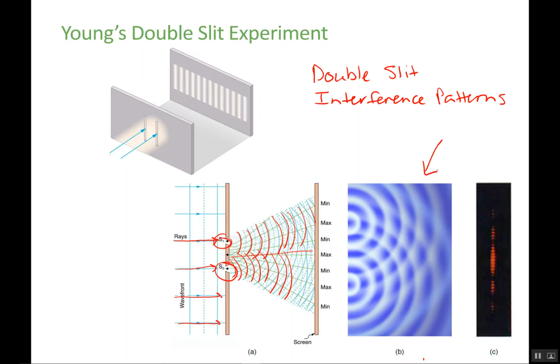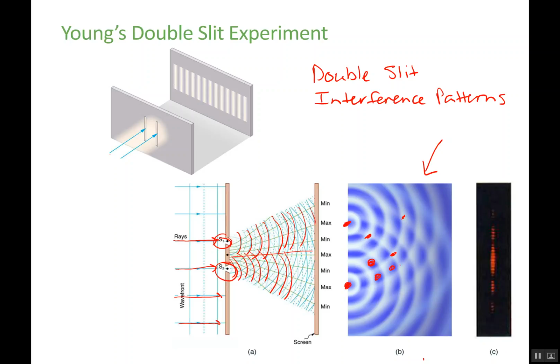This picture right here shows it more clearly, where this would be the location of one of the slits, and this would be the other slit. So as you go downfield, there are regions where the peaks of the waves coincide, like here, and there are regions where the minima of the waves coincide.